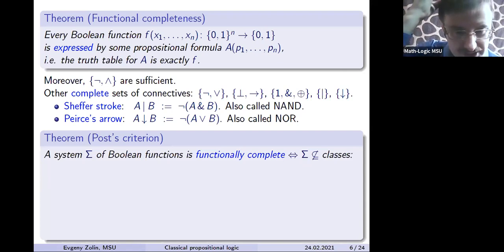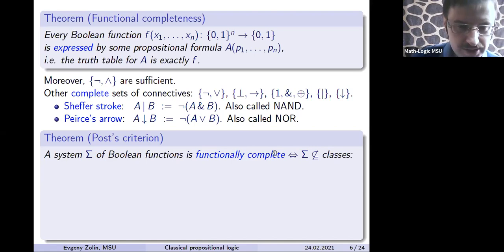The question is, if we take some finite set of connectives, finite set of Boolean functions, we can ask the following question: can we express all functions from this finite set? So a system of Boolean functions, for example, a finite system of Boolean functions, but their theorem works for arbitrary sets of Boolean functions.